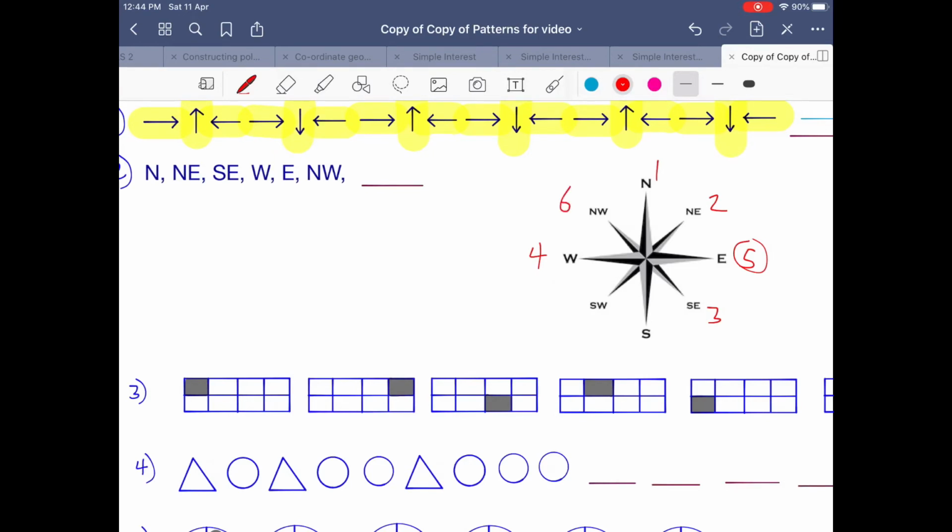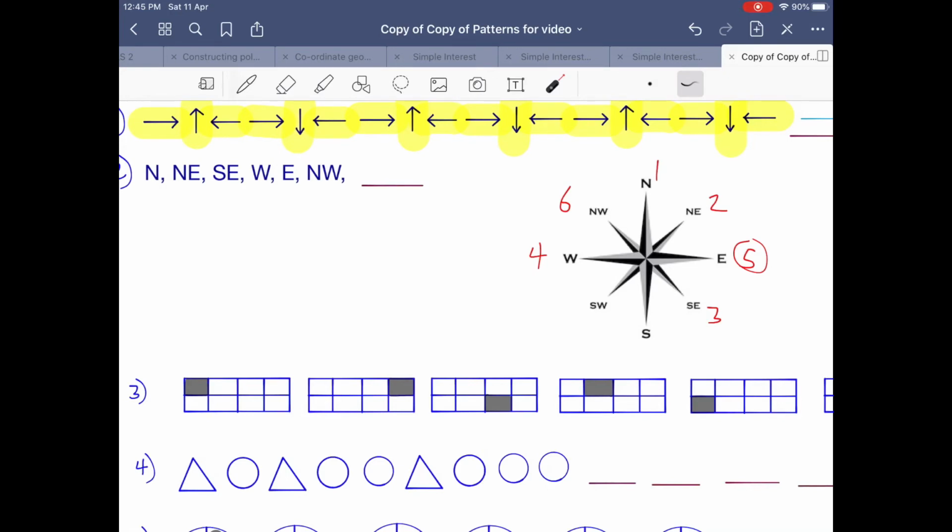So here is the pattern. From north to northeast, we are not skipping any of the 8 cardinal points. However, from northeast to southeast, we are skipping 1. From southeast all the way to west, we are skipping 2. So it's an increasing by 1 of skipping of cardinal points.